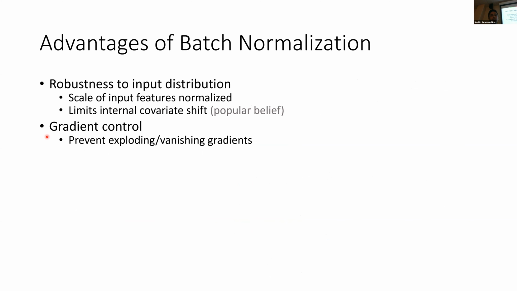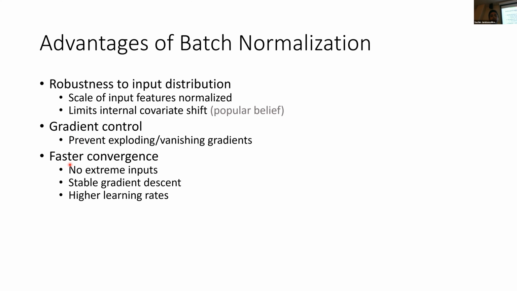The other advantageous property of batch norm is it prevents exploding and vanishing gradients because it has more predictability in the gradients. And batch norm generally shows that the network has faster convergence because of a stable gradient descent, and we can apply higher learning rates. So we'll go through all of these properties and see which one affects the network more.